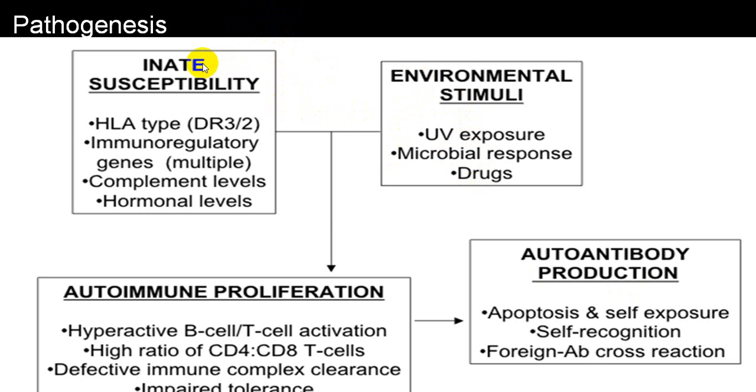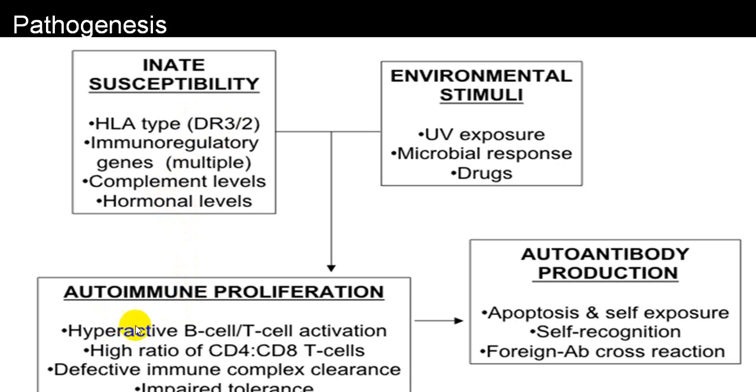And genetic susceptibility, most commonly HLA-DR3 and DR2, where complement levels are reduced and hormonal levels are imbalanced. So hormonal factors play a role also, which gives rise to autoimmune proliferation.